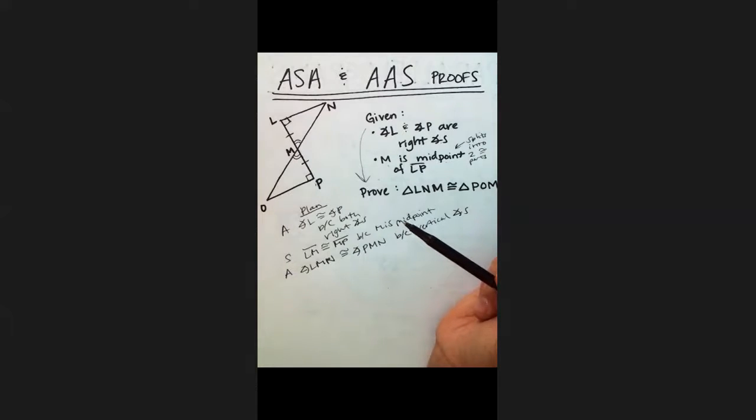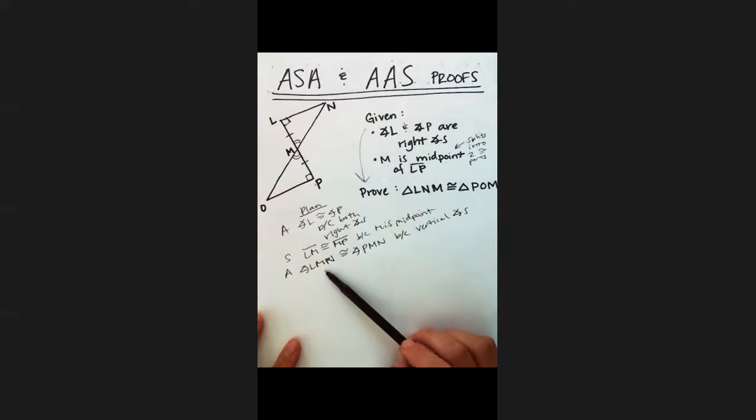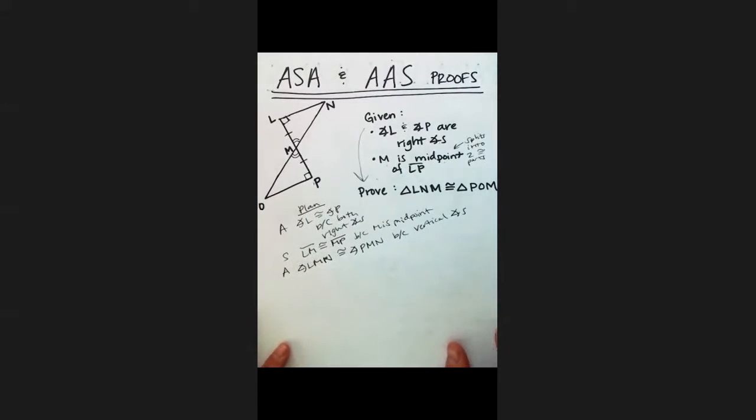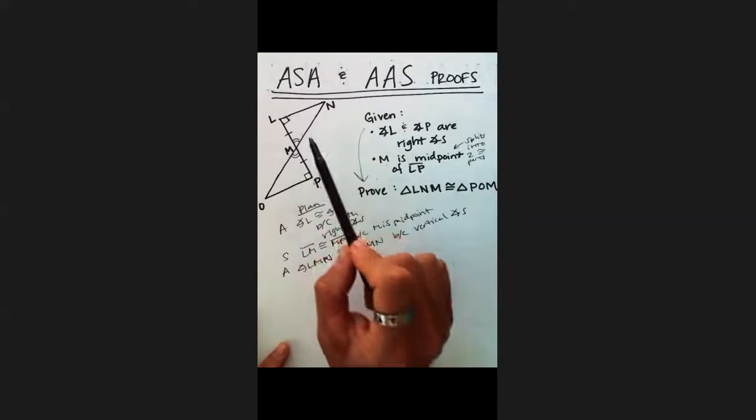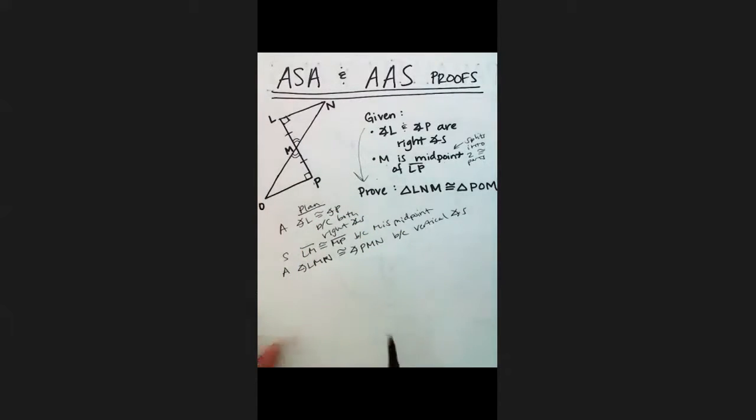And then finally, Ms. Atkin, if we proved these 3 things, we can see that we have angle, side, angle. So you look back, L and P are both right angles, LM and MP are equal, and M created vertical angles, so those are also equal.